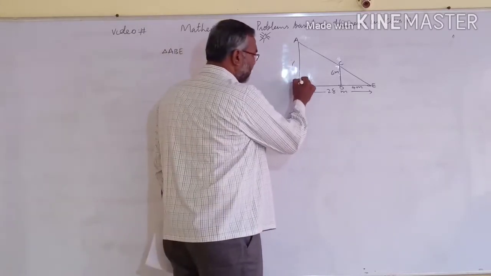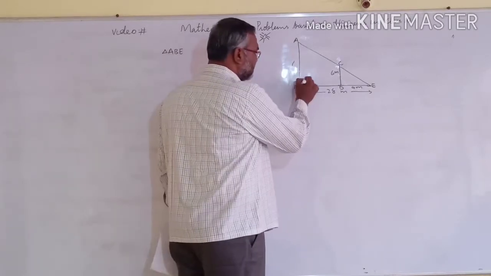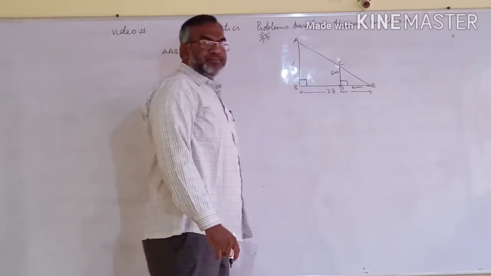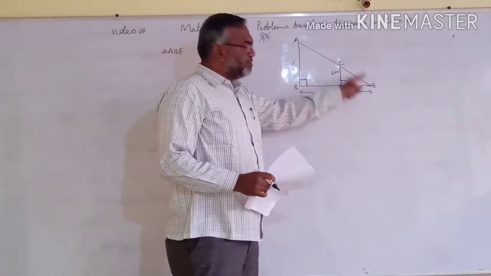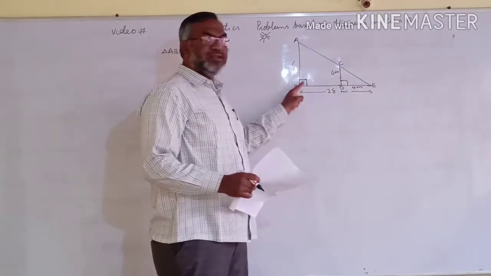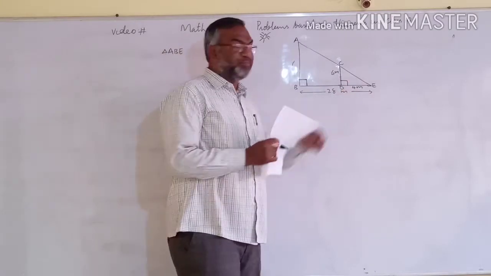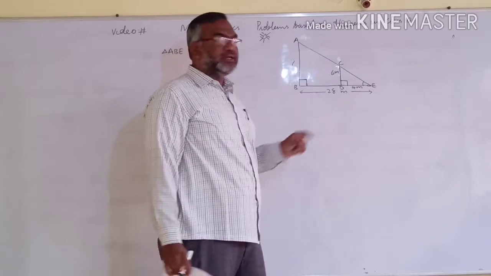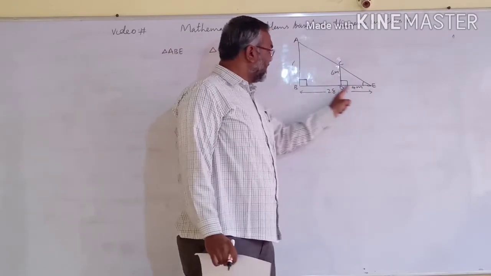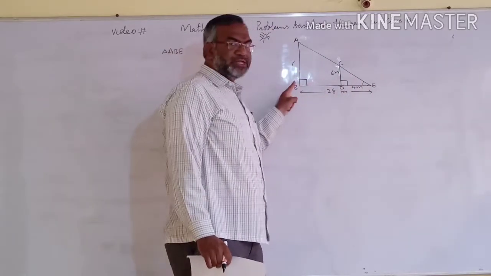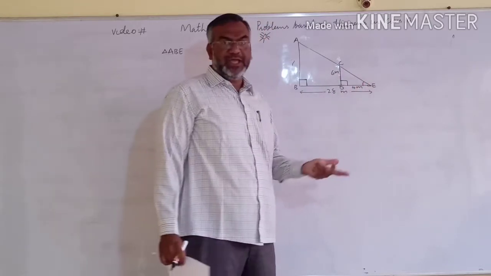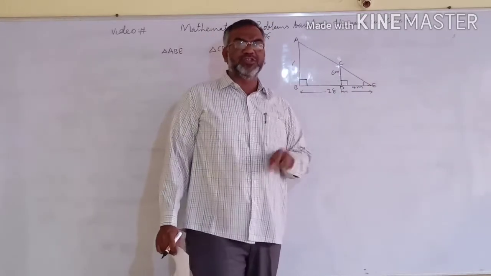Reason: the big triangle has one right angle and the small triangle has one right angle. Angle E is common. Angle E, which is present in triangle AEB, the big triangle, is also present in the small triangle. So E is the common angle.